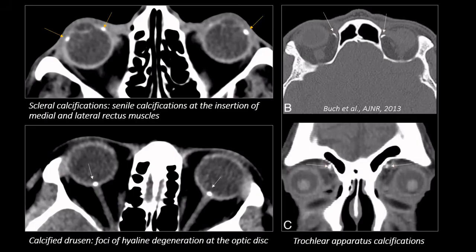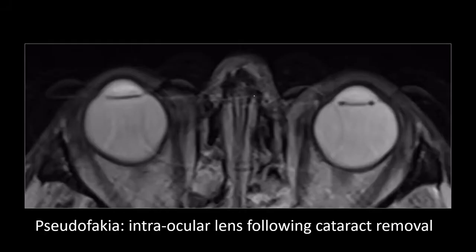The superior oblique muscle is one of the extra-ocular muscles, and it makes a 90-degree turn, forms kind of a sling, because it runs first parallel with the medial orbital wall and then makes a 90-degree turn to end up on top of the eyeball. So to make that turn, it needs some kind of sling, and this is a small ring through which this muscle passes, and this can also calcify as patients get older, so don't mistake it for pathology.